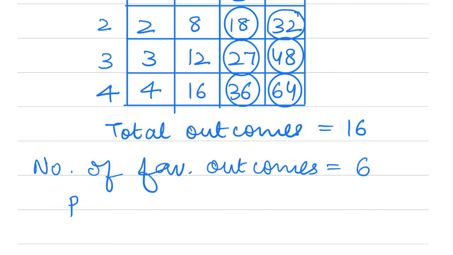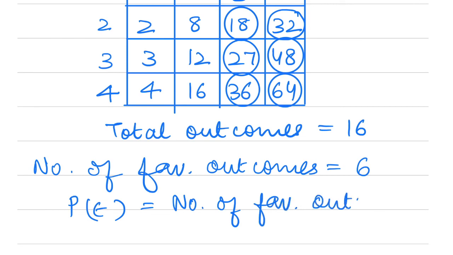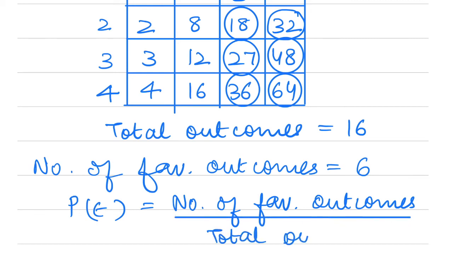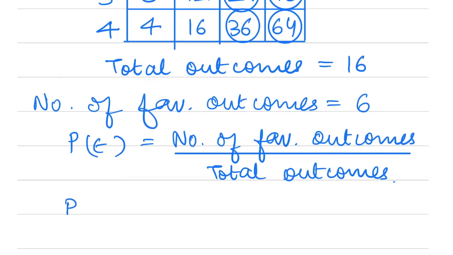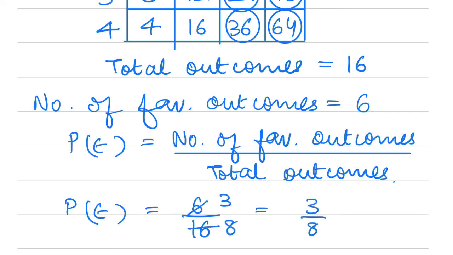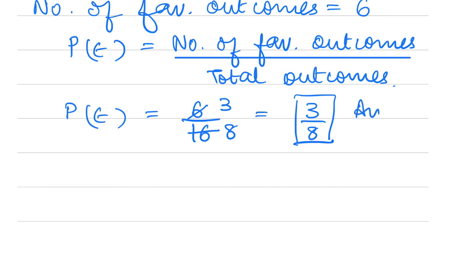So the probability of an event is equal to the number of favorable outcomes by total outcomes. So the probability of this event will be equal to 6 by 16. So we have 3 times and 8 times. So 3 by 8. So this is the answer.